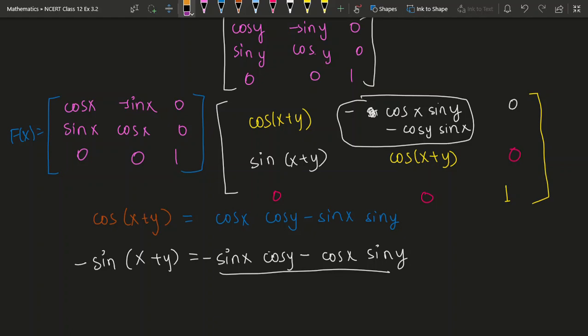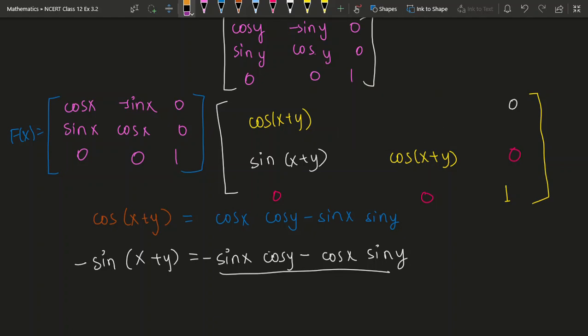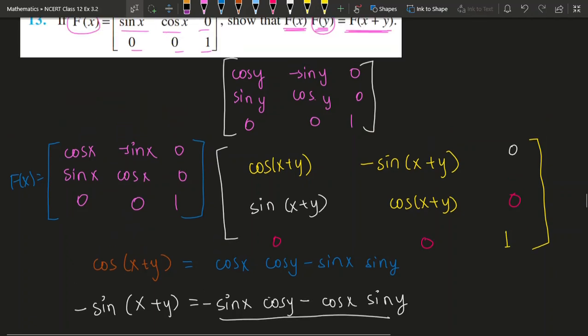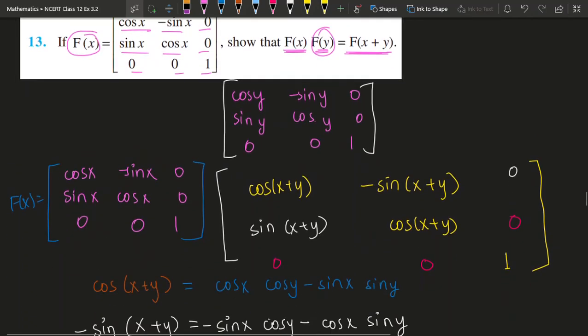And so this entire stuff right here is just equal to minus of sine x plus y. Okay, so we have simplified the product of fx and fy into a matrix like this.